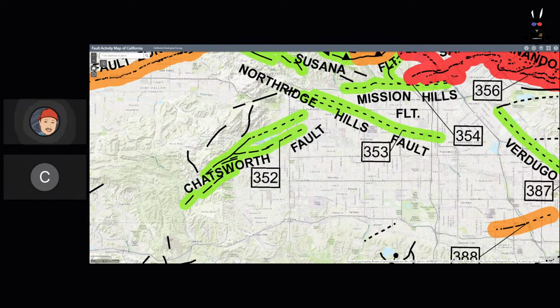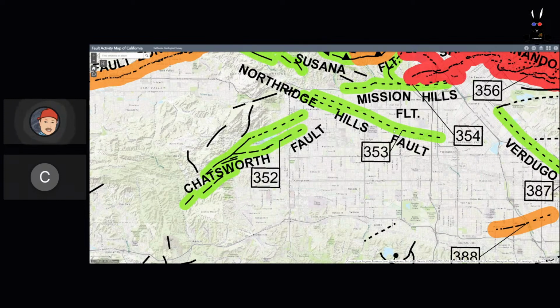The faults that come out further, the dotted ones, are what it says is concealed. They can't really see it, but they think it goes in that direction. That's what the signs are saying here. The fault is concealed because it's under the ground. It's pretty deep. There are no surface ruptures. That's basically what I'm saying.